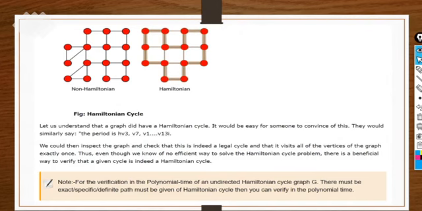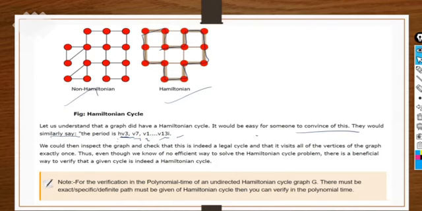Next, we have the Hamiltonian and non-Hamiltonian cycle. In this graph, we can take this as a Hamiltonian cycle, and it would be easy for someone to convince us of this. They would say the cycle goes through vertex 3, vertex 7, vertex 1, and back to 3. This is the highlighted path.